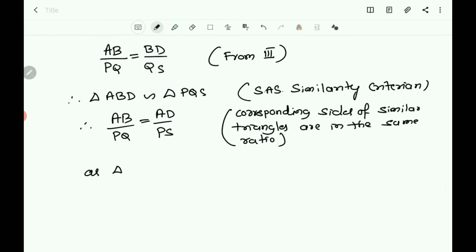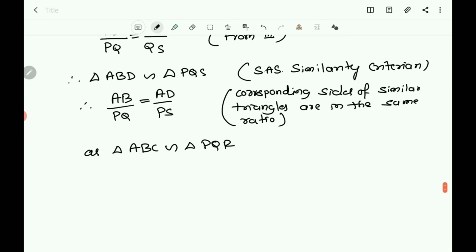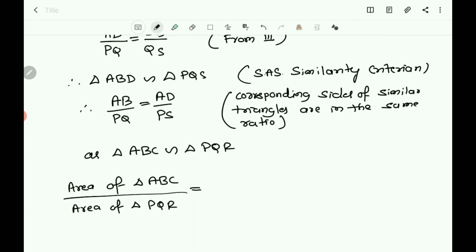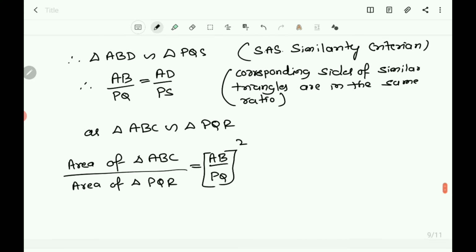As triangle ABC is similar to triangle PQR, area of triangle ABC by area of triangle PQR is equal to AB by PQ the whole square.